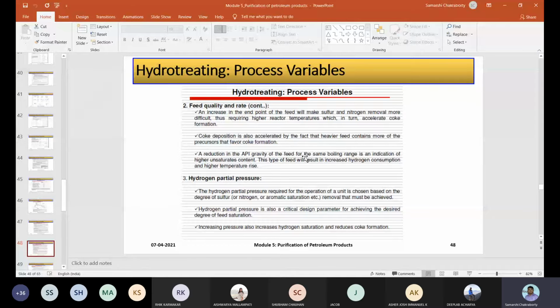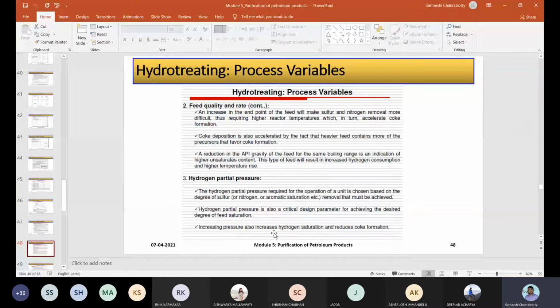To remove higher molecular weight sulfur, you definitely need a higher partial pressure of hydrogen. So depending on the product quality or feed quality, your requirement will vary. Hydrogen partial pressure is a critical design parameter for achieving the desired degree of feed saturation.